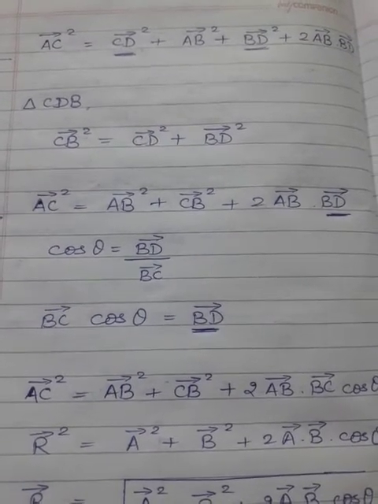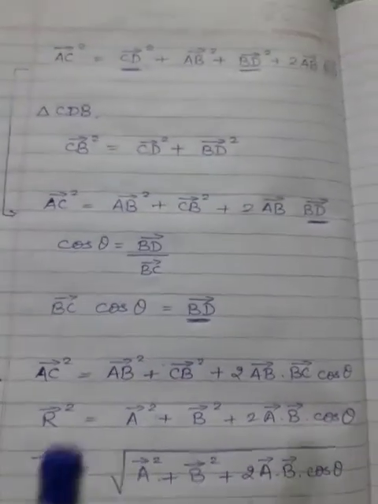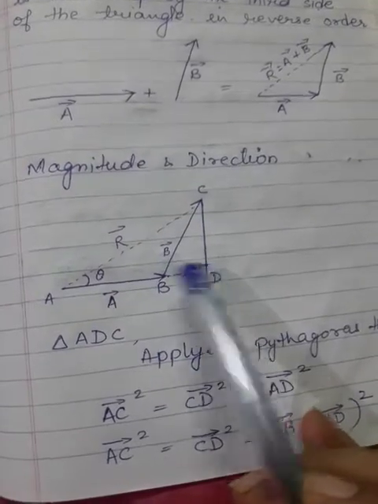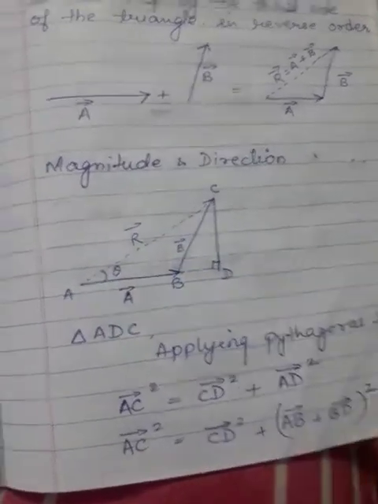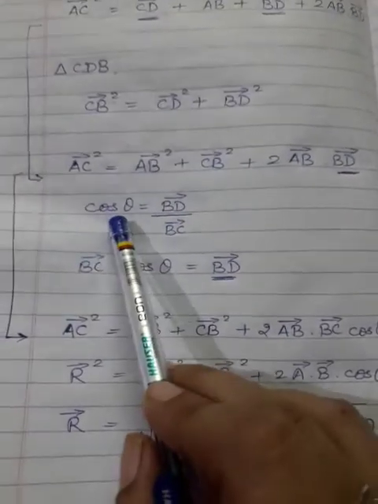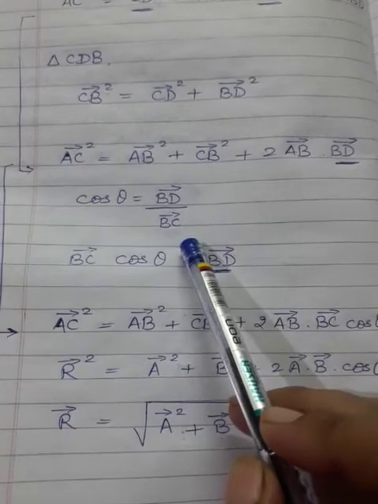Now, this vector BD is the portion which is outside our triangle. To eliminate this value, we take the cos value. Cos theta is equal to vector BD upon BC.